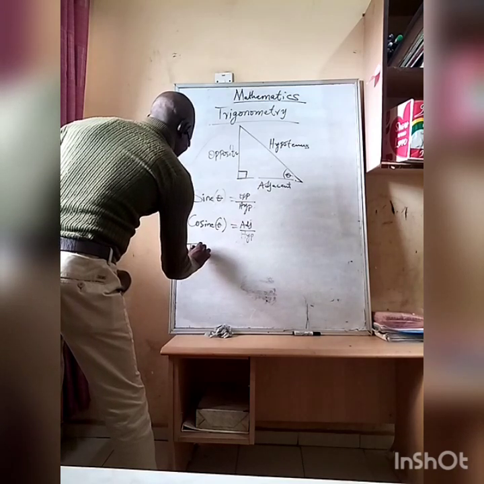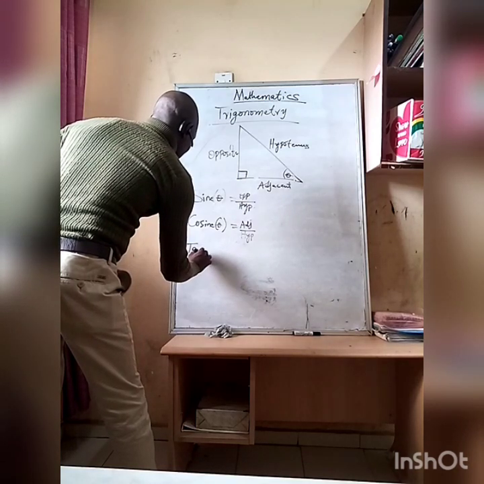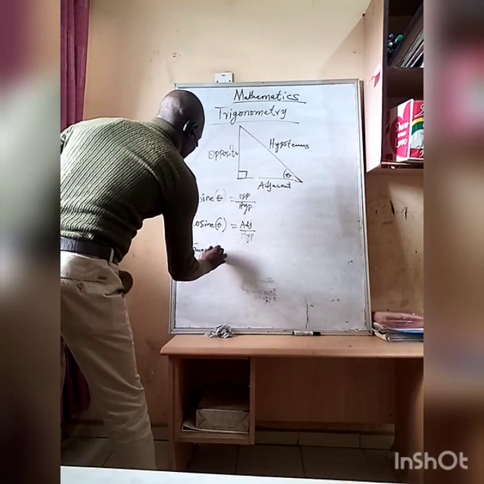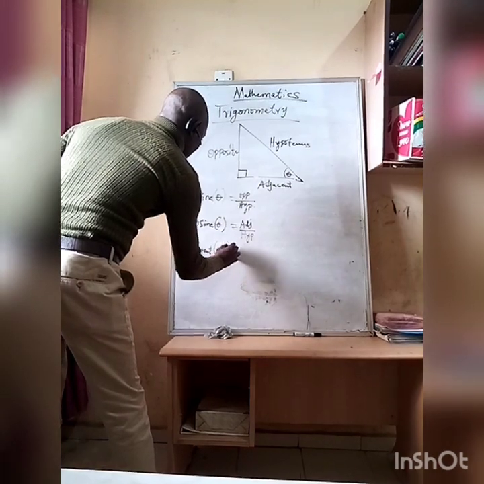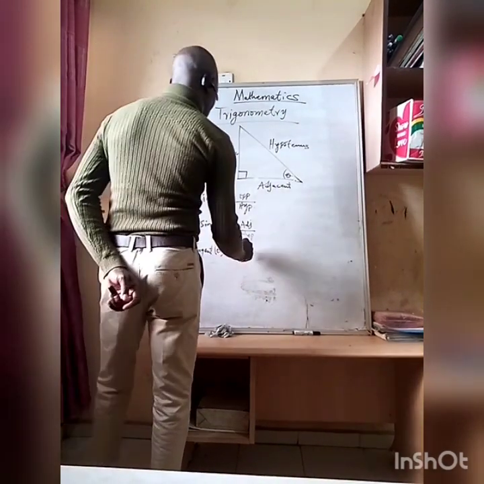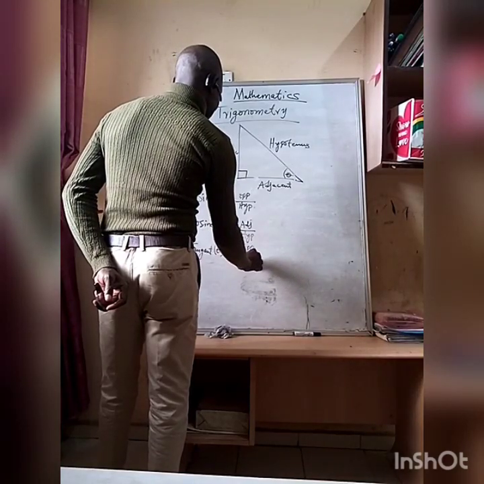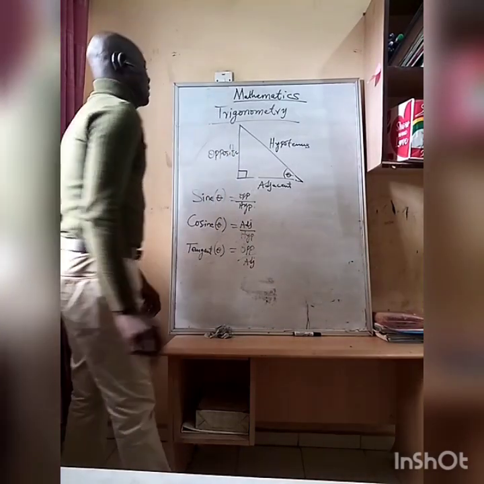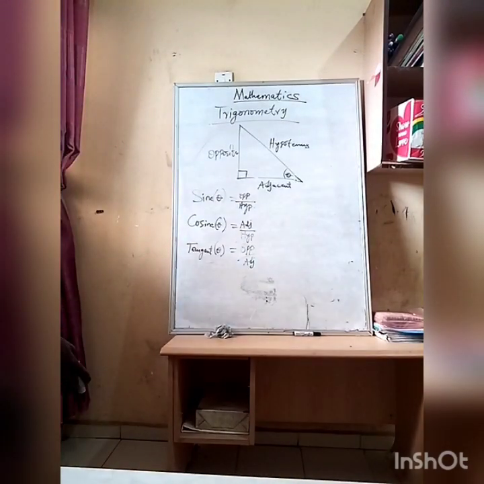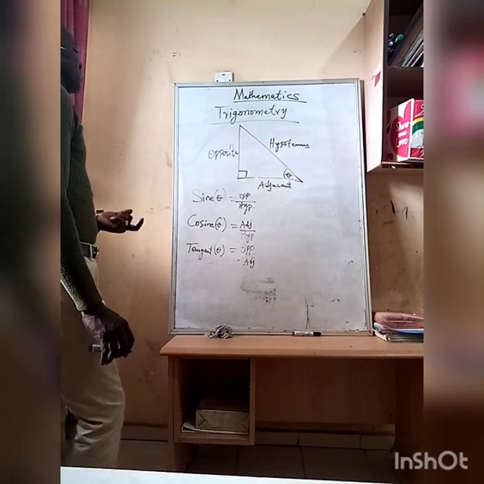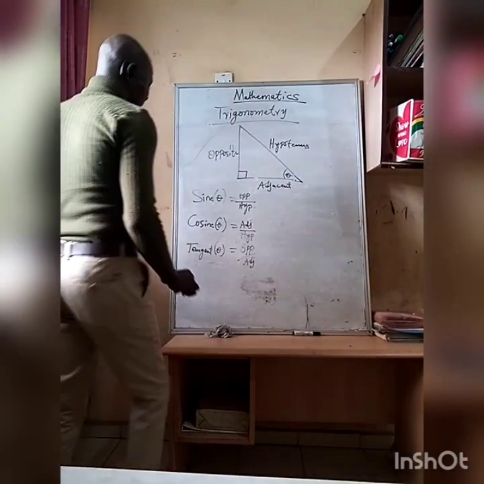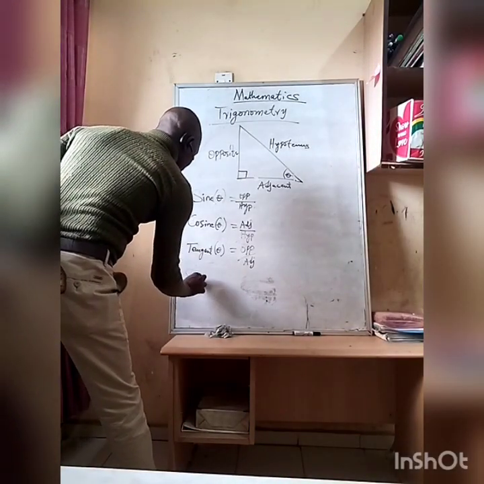While tangent is equal to opposite over adjacent. And the acronym designed to make it easier for people to remember is SOHCAHTOA.